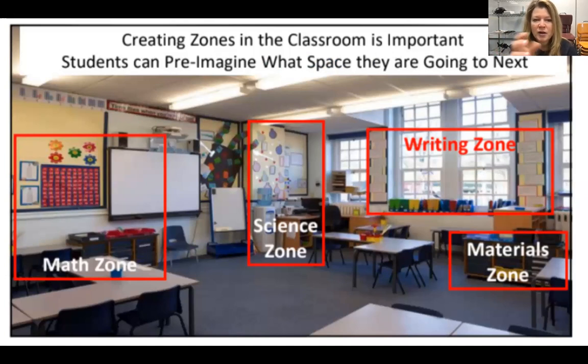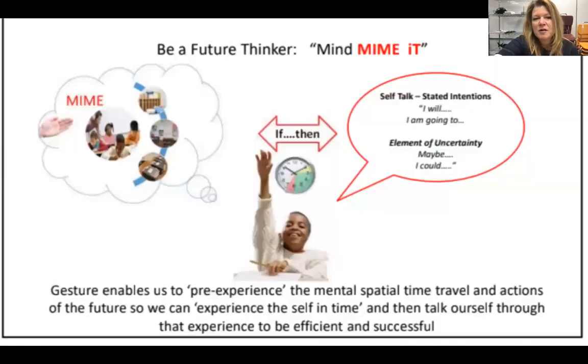If they're over in the math zone, if they see all the kids doing math, they know to get their math manipulatives. I know I'm oversimplifying things, but those kids that can't read the room, they come in and they're just lost. They just wander all over the place. So anytime there can be some extra visual to help them know what's going on, that is helpful.